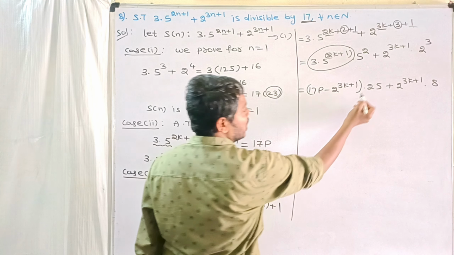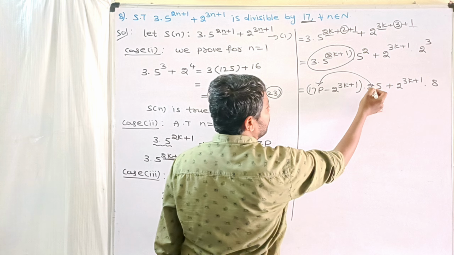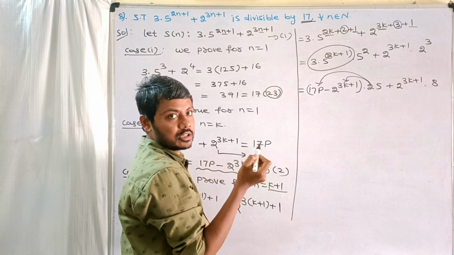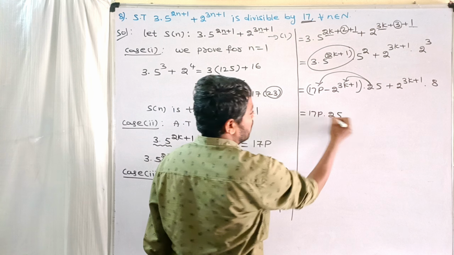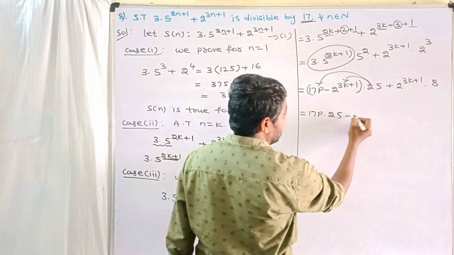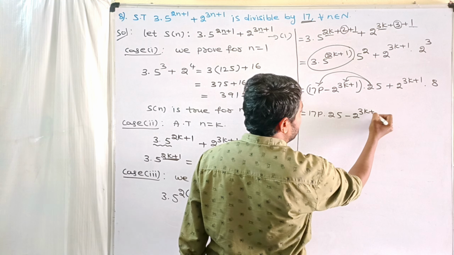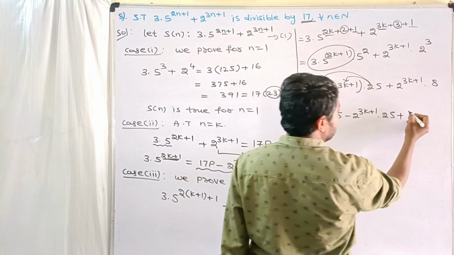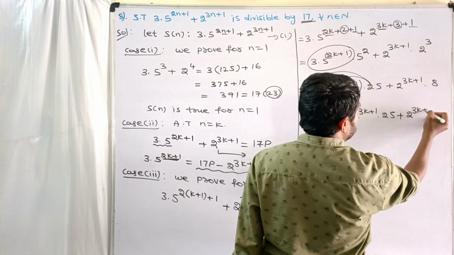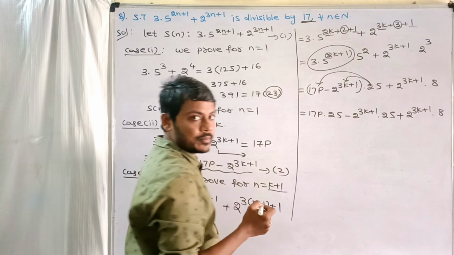Now multiplying 25 inside of the bracket for first term and second term, which is 17p into 25 minus 2 power 3k plus 1 into 25 plus this one, 2 power 3k plus 1 into 8.